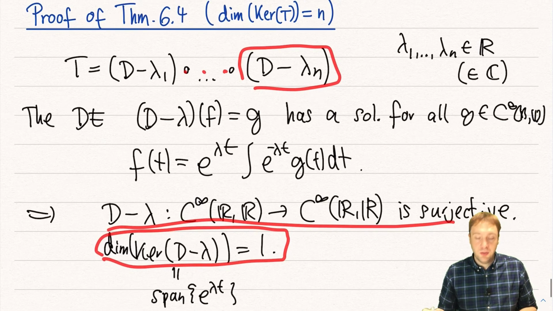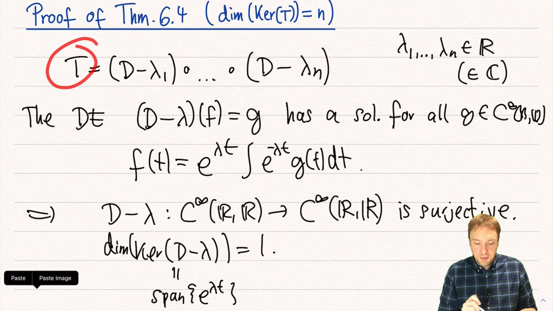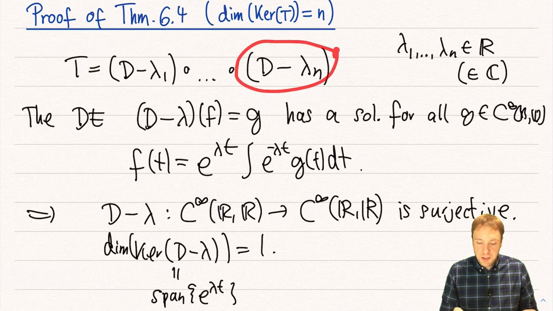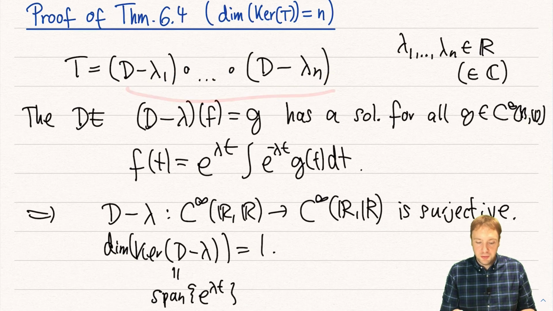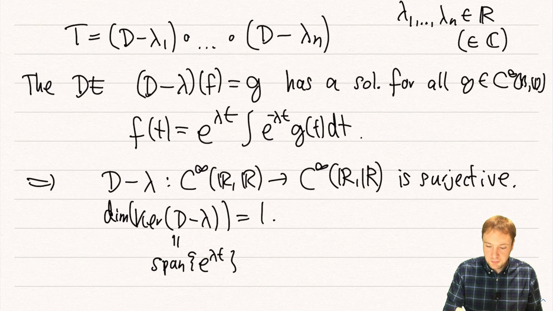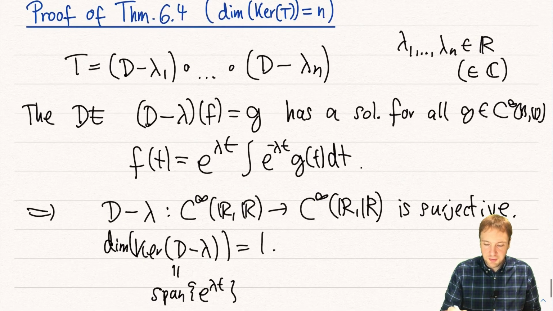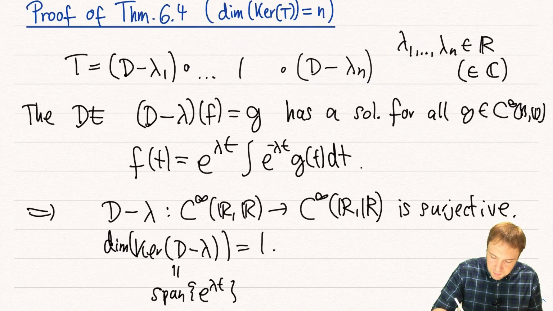And now we will use this lemma to show that the dimension of the kernel of T is given by n, because the dimension of the kernels of these factors is 1, and we have n of these factors. Inductively using this lemma, we will see that this gives the dimension n.